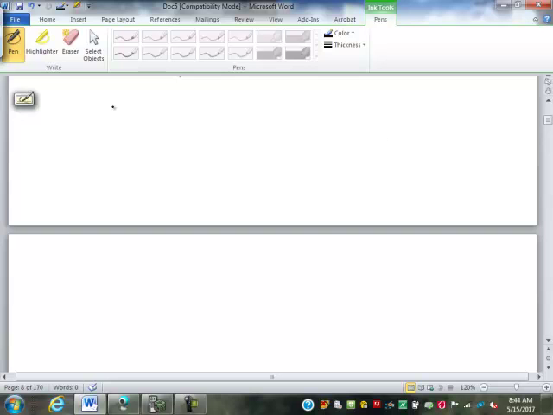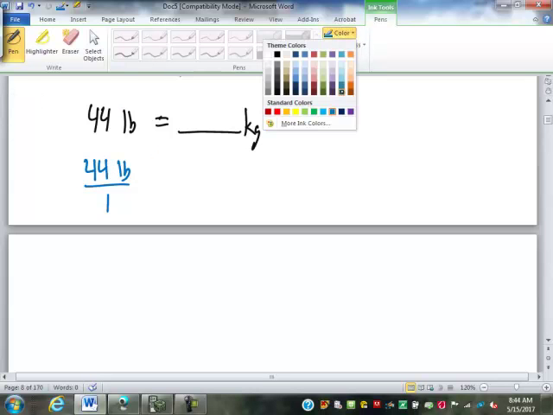I might ask you to convert from 44 pounds into kilograms. If you're going into nursing or anything like that, you do this calculation a lot. So 44 pounds over 1.